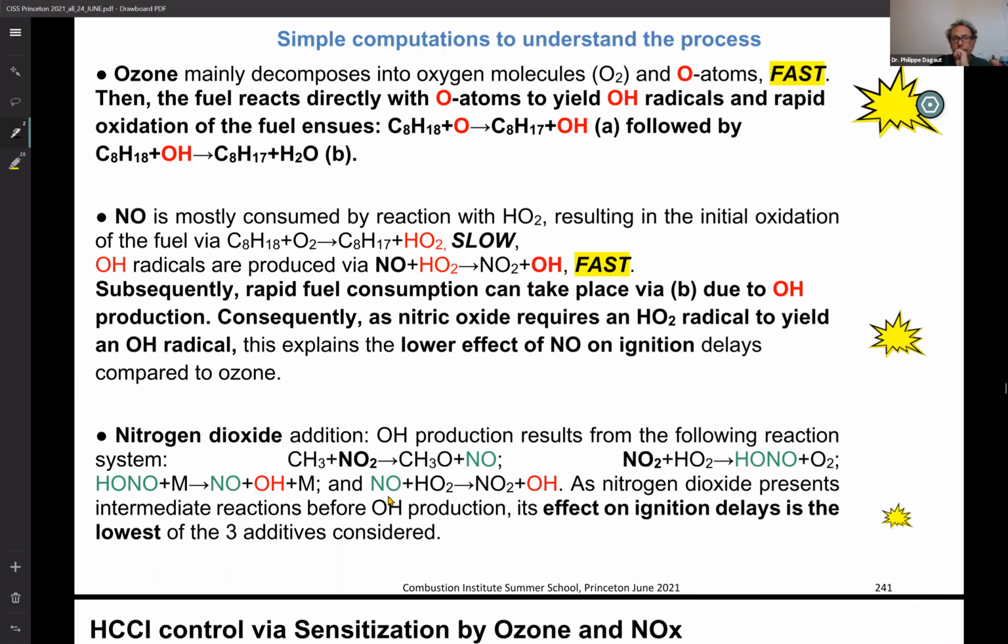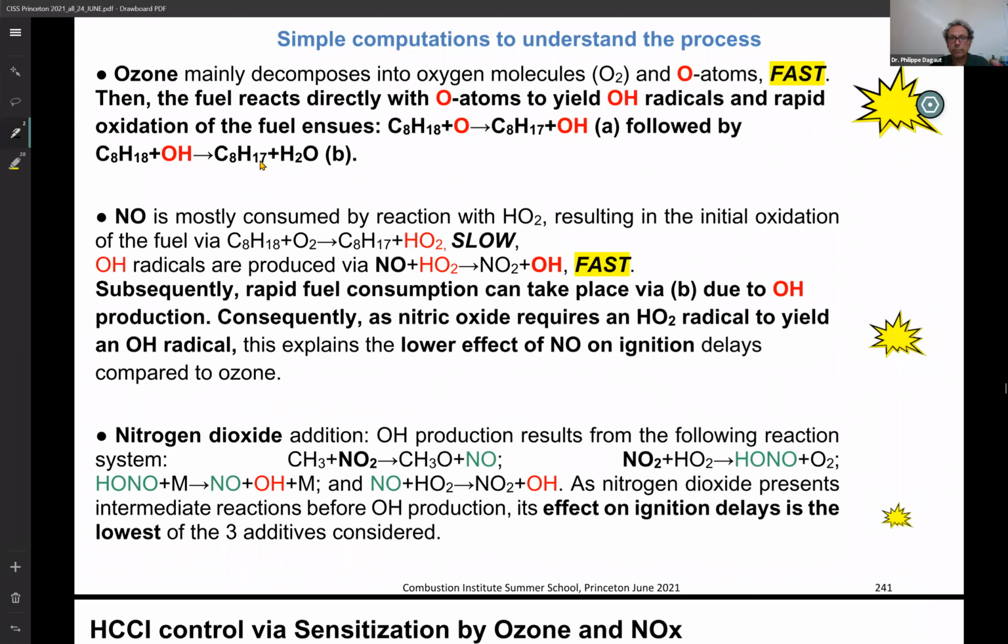And NO can also react with HO2 to produce OH. As nitrogen dioxide presents intermediate reactions before it can lead to the formation of OH radical, its effect on ignition delays is the lowest of the three additives.